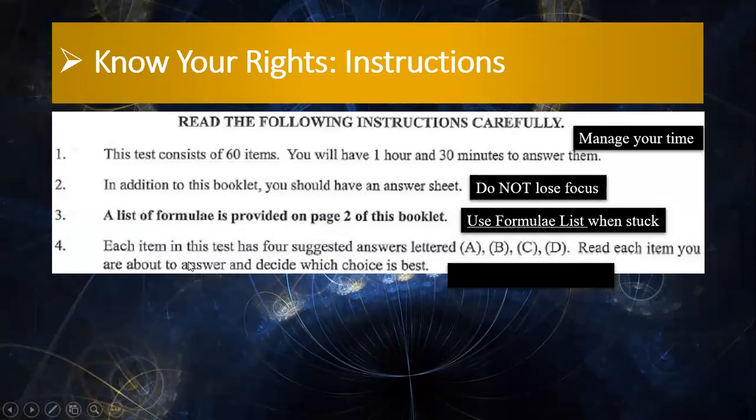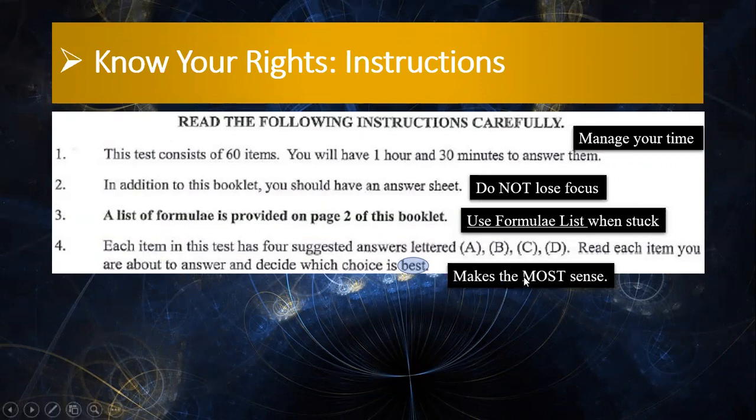Number 4, each item in this test has 4 suggested answers, lettered A, B, C, D. Read each item you are about to answer and decide which choice is the best. This is a very important word. When I say the best, I mean the one that makes the most sense.